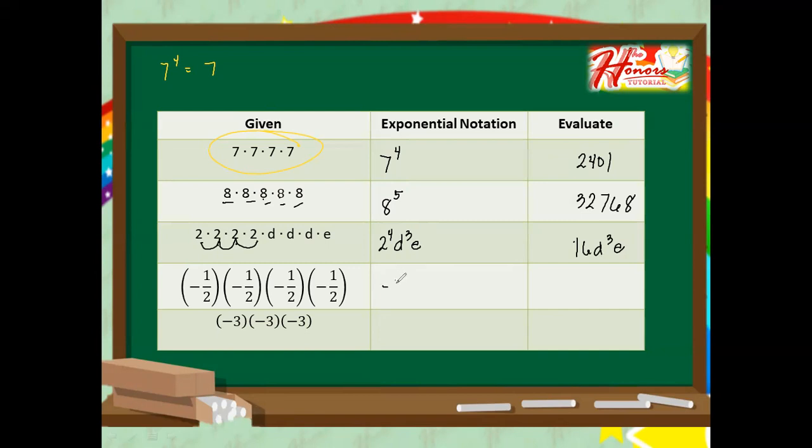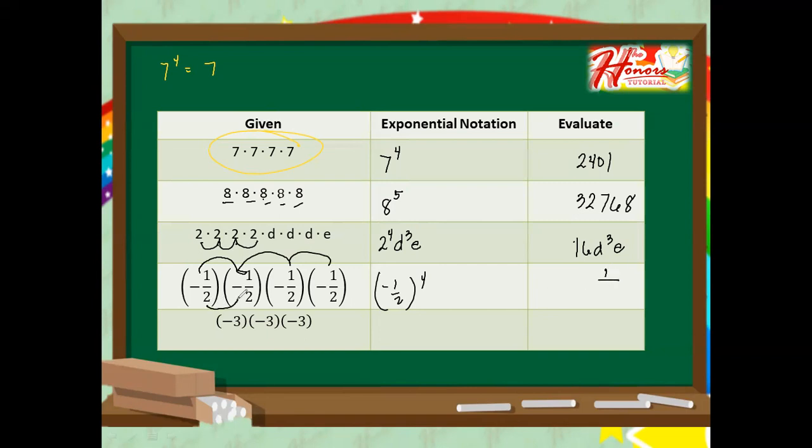Next, so we have here negative 1 half raised to 4. You can do it because you have to multiply the numerator first before the denominator. So 1 times 1, 1 times 1, 1 times 1, 1. So we have here 1 as the numerator.